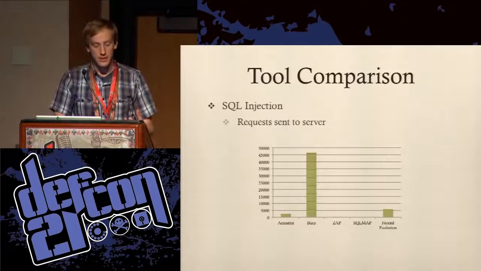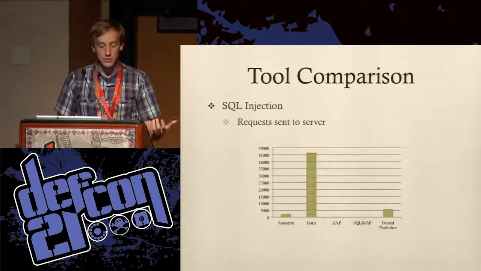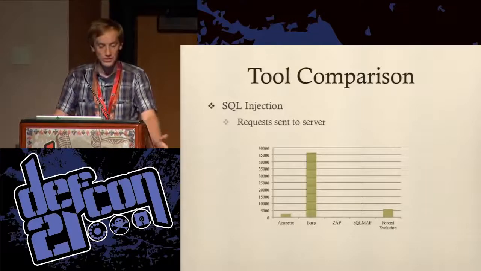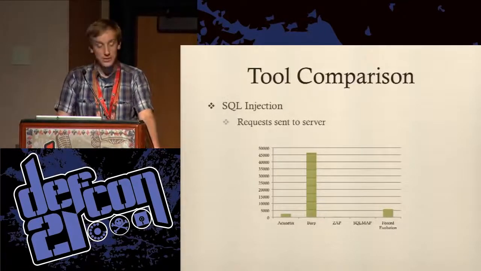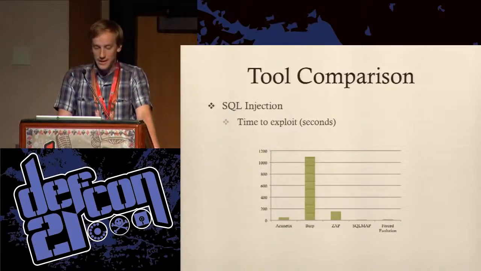It's easier to score one string higher than another because you have more information to do so. So it's naturally more efficient, because it depends on that fitness function, that scoring mechanism, to determine which strings live and which die, and so it reaches the solution faster. The time to exploit also decreases proportionally.